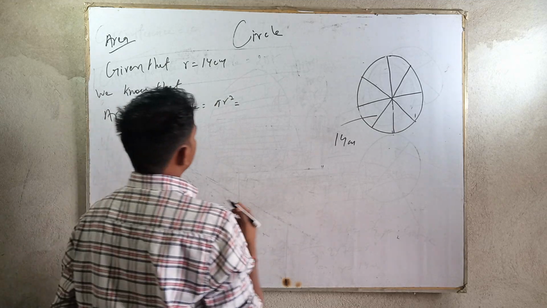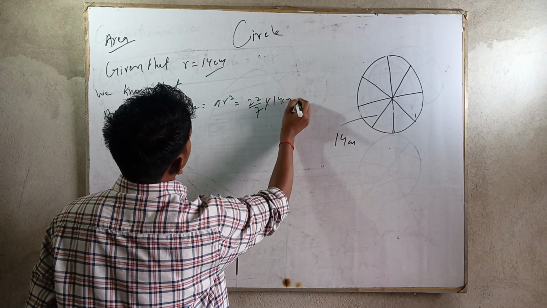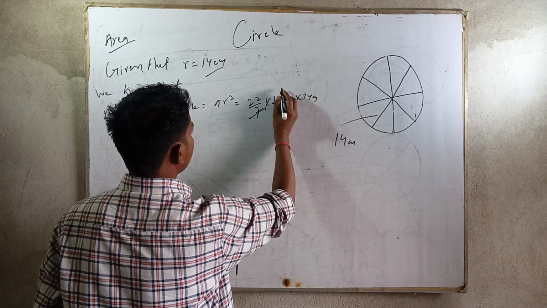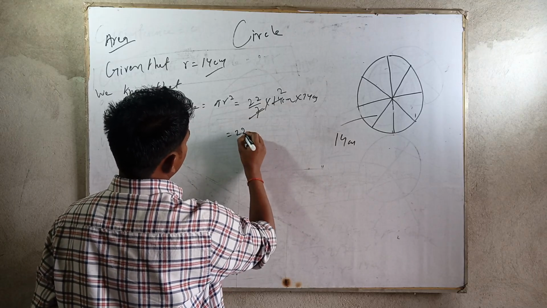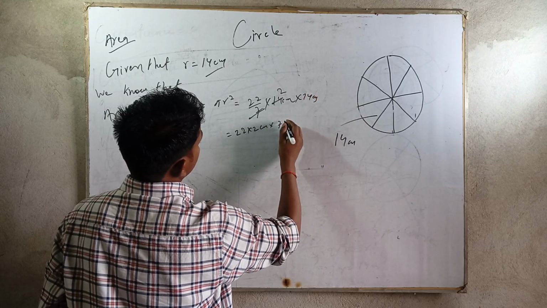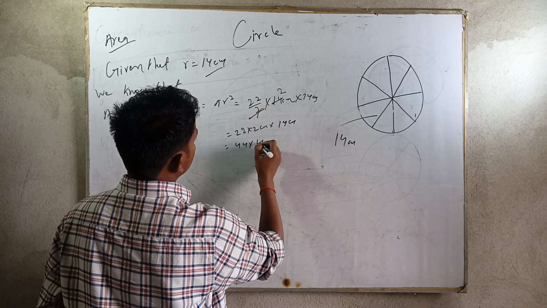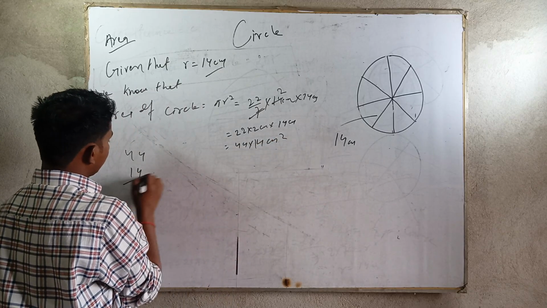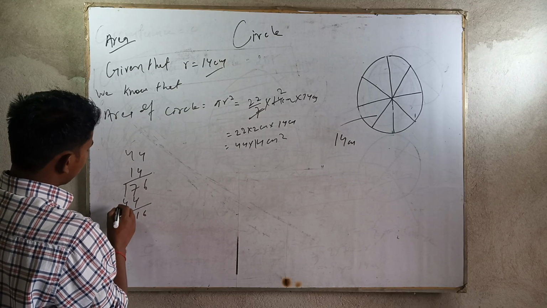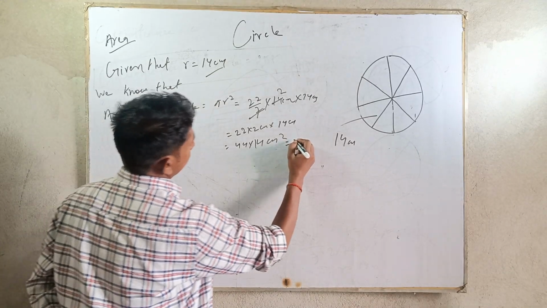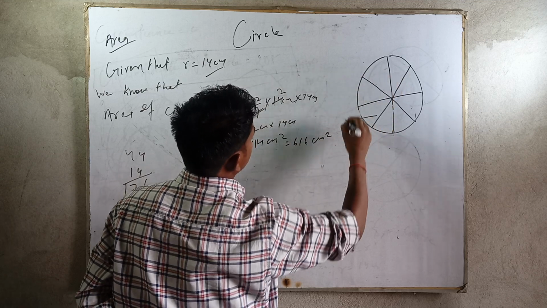If I put the value in the figure, 22 by 7 and r equal to 14 centimeter cross 14 centimeter, then 14 will cancel with the 7 two times, then it will be 22 cross 2 centimeter cross 14 centimeter, then it will be 44 centimeter cross 14 centimeter square, so it will be 616 centimeter square. This is the area of this circle.